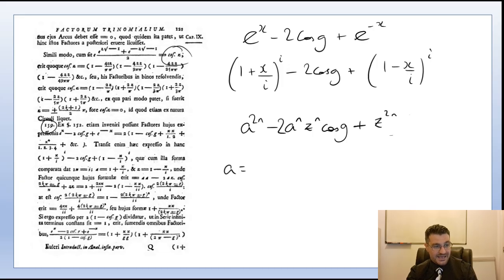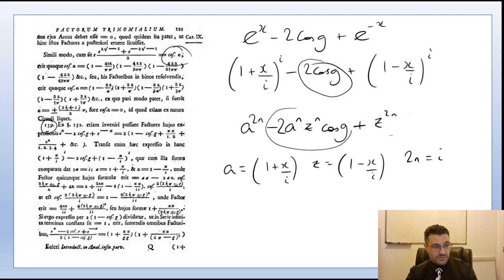So in this case, we take a equal to 1 plus x over I, z equal to 1 minus x over I, and 2n is equal to I. So we've got to sort this out because this doesn't seem to quite match 2 cosine g.